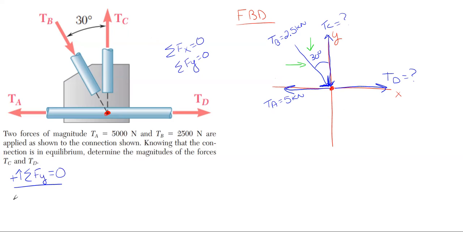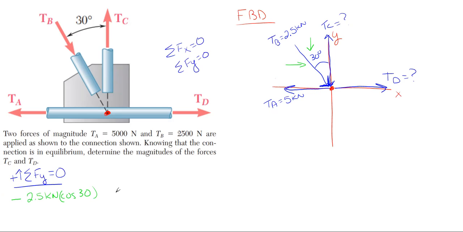So for TB, since it's going downward, it will be a minus 2.5 kilonewtons times the cosine of 30. The cosine of 30 will make this 2.5 kilonewtons into the y direction for its y component. And it is cosine because the angle is off of the y. The angle is adjacent to the y-axis, and cosine is adjacent.